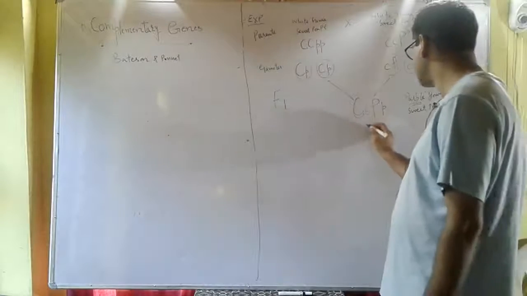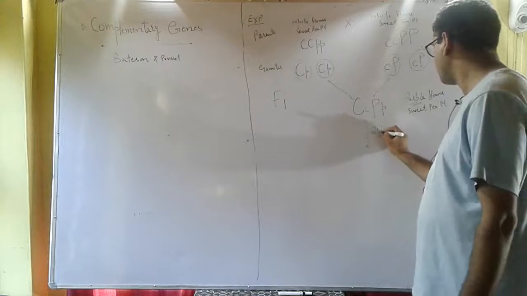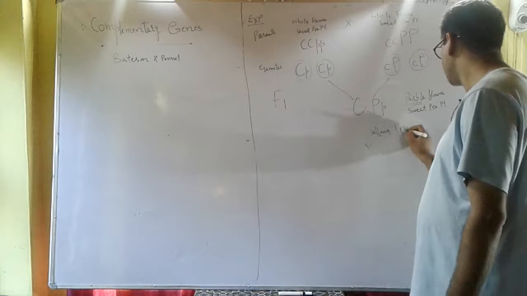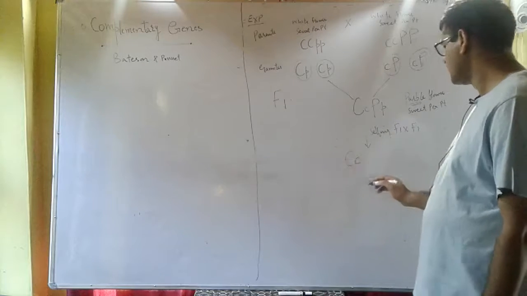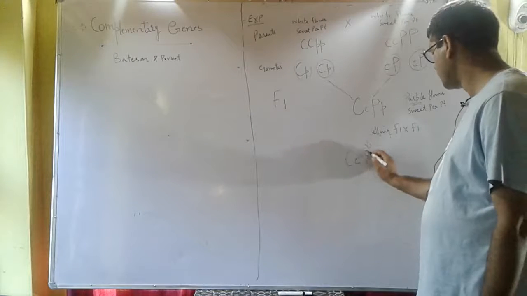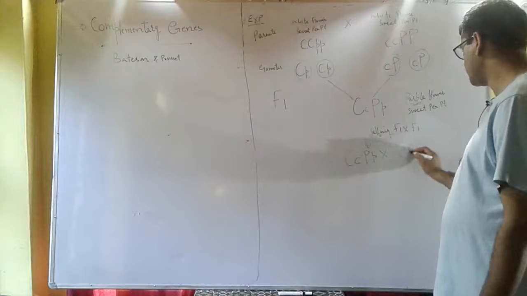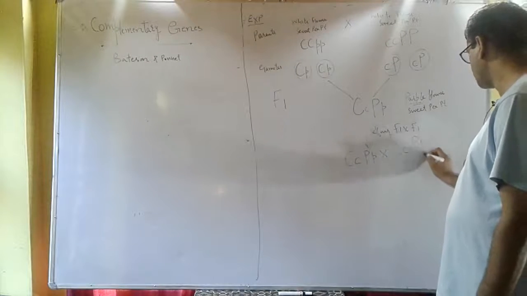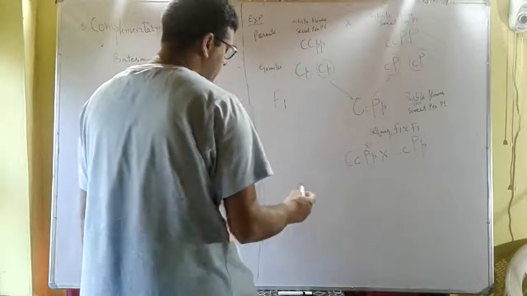This was the F1 generation. Then we'll go for the selfing of the F1 generation. So it is like this: capital C small c, capital P small p, crossed with capital C small c, capital P small p. Obviously, what are the gametes?